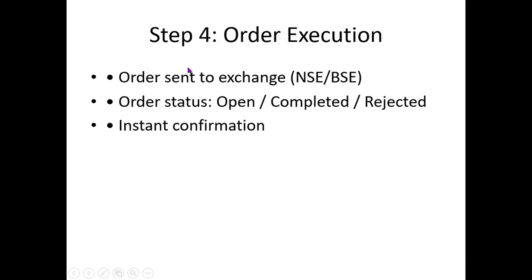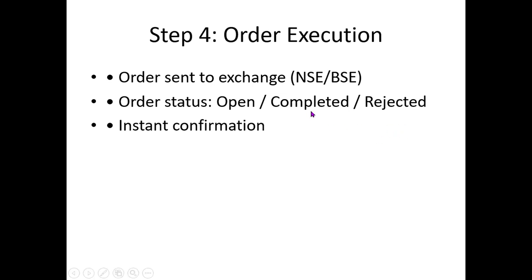The next step is order execution. After placing the order, you can see whether it is open, completed or rejected. As I said, if you set the limit price too low and the market price goes beyond your limit value, it will get rejected.